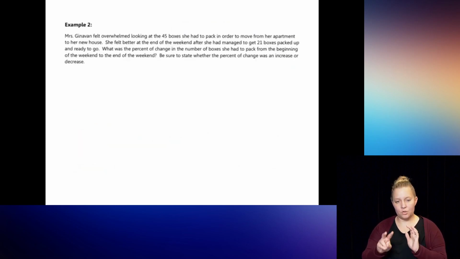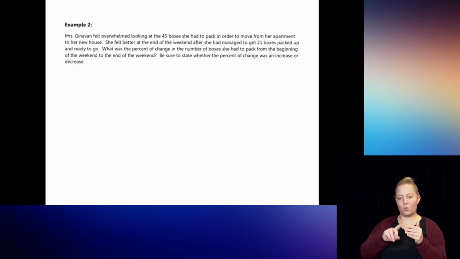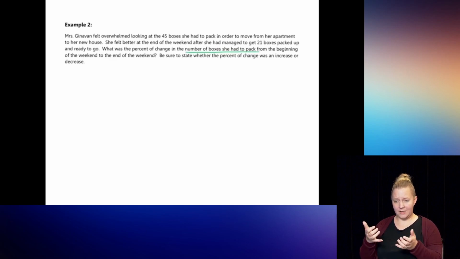Example 2 says, Mrs. Ginnivan felt overwhelmed looking at the 45 boxes she had to pack in order to move from her apartment to her new house. She felt better at the end of the weekend after she had managed to get 21 boxes packed up and ready to go. So what was the percent of change in the number of boxes she still had left to pack from the beginning of the weekend to the end of the weekend?